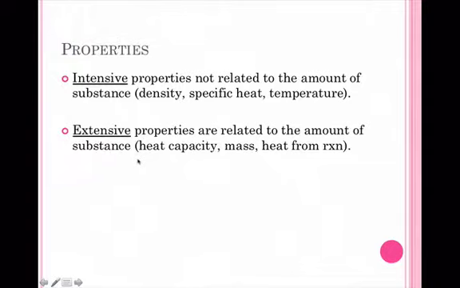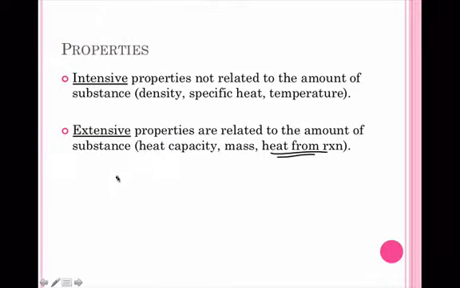So mass, volume, your heat from your reaction, all of those things are affected by how much you have. And your heat from your reaction, that should make sense because we've been calculating those, and it's based on the mass that you have.